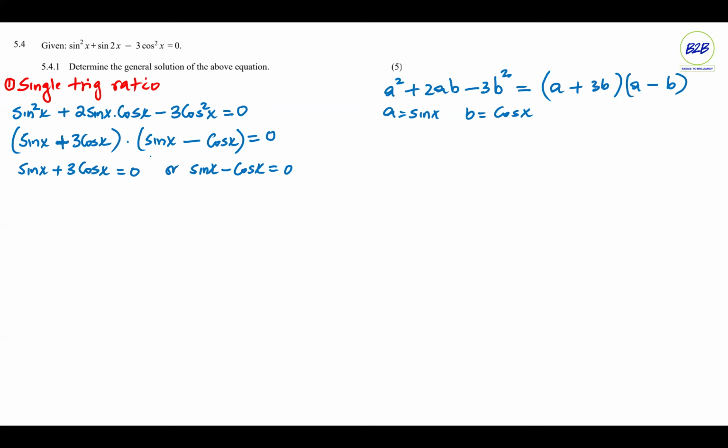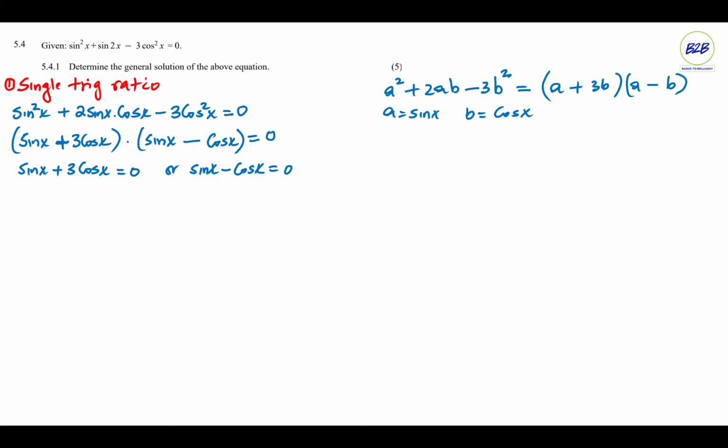We still have a problem. In each equation we have both sine and cos. But how many trig ratios do we want per equation? Only one.